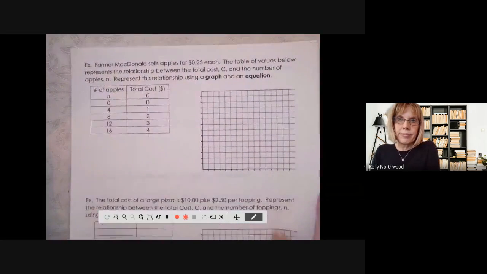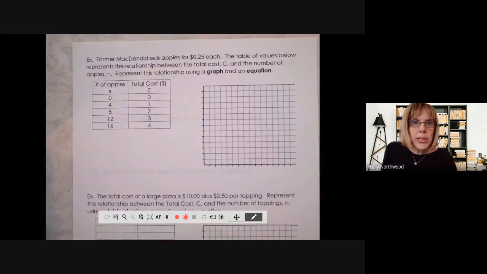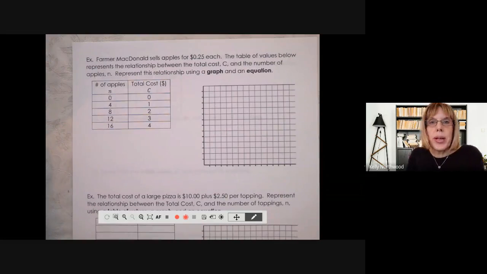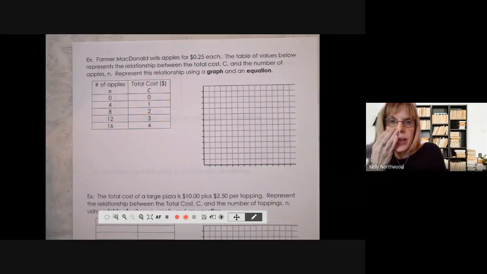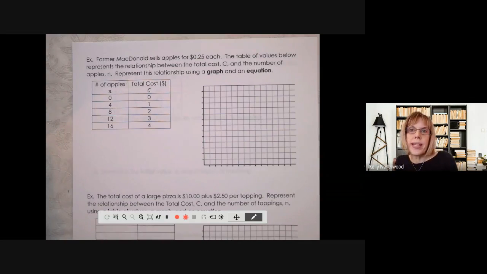Okay, our next question. Farmer McDonald sells apples for 25 cents each. The table of values represents the relationship between the total cost C and the number of apples N. Represent this relationship using a graph and an equation.